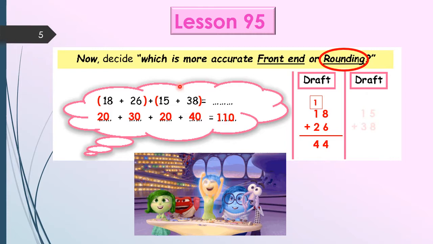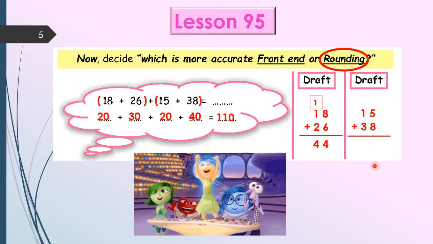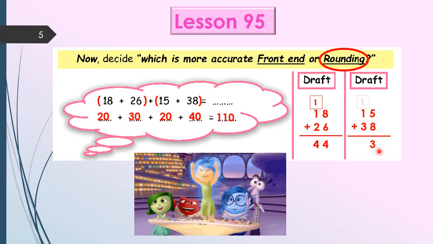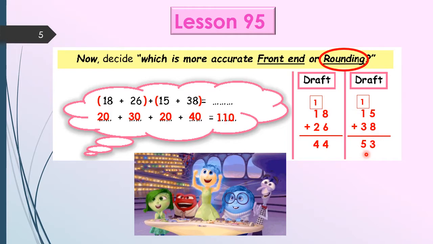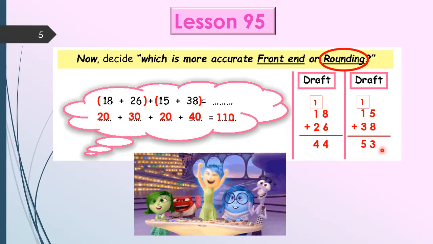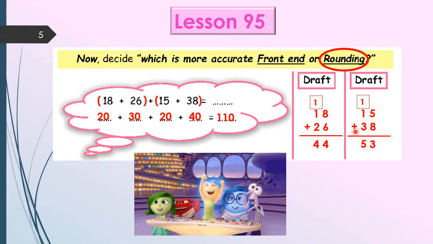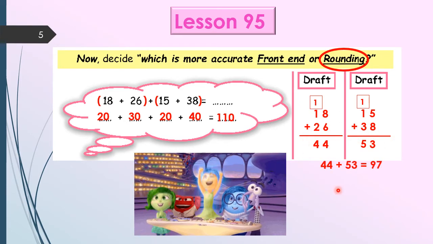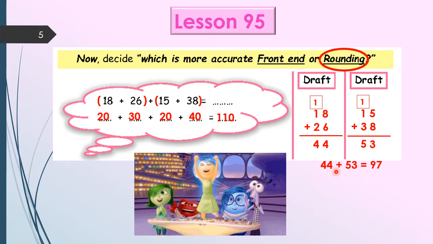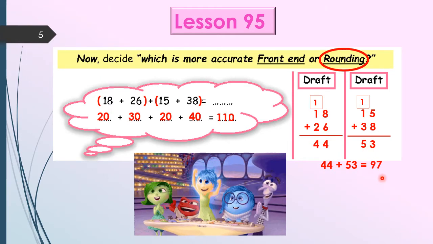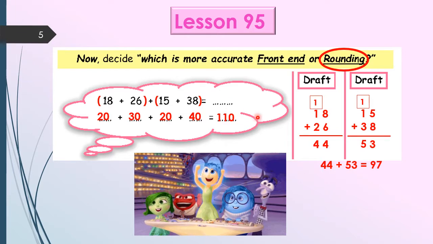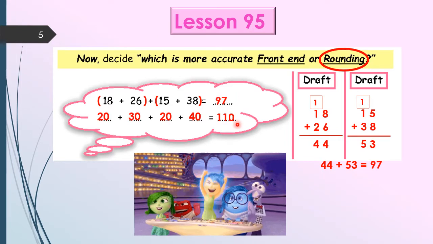And the next 2 numbers, it will be 15 plus 38, 5 plus 8 equals 13, 3 and carry up 1, 1 plus 1 equals 2, 2 plus 3 equals 5, it will be 53. Then let's add these 2 numbers together in our graph. It will be 44 plus 53, 4 plus 3 equals 7, 4 plus 5 equals 9, it will be 97. If I put it here, it will be 97.